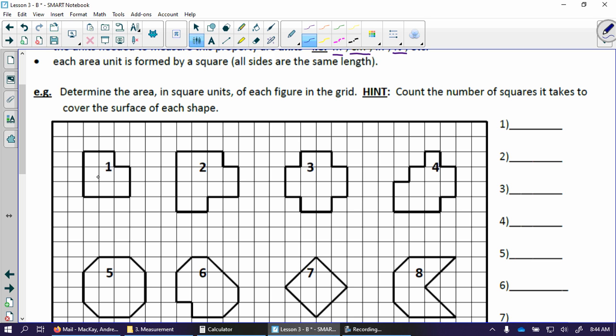Count. So figure number 1 has 1, 2, 3, 4, 5, 6, 7, 8 blocks, so it's 8 units squared. You have to have units at the end of everything. It's super important. Number 2, counting 1, 2, 3, 4, 5, 6, 7, 8 to there. We can cut it into pieces. 9, 10, 11, 12, 13.